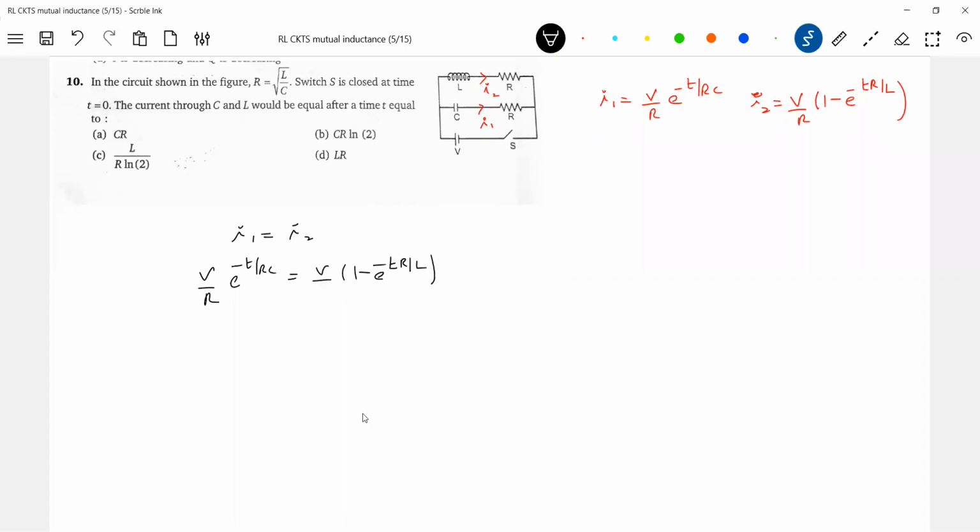So this V by R gets eliminated. So e to the power of, bring it to this side, e to the power of minus t by RC plus e to the power of minus tR by L should be equal to 1.